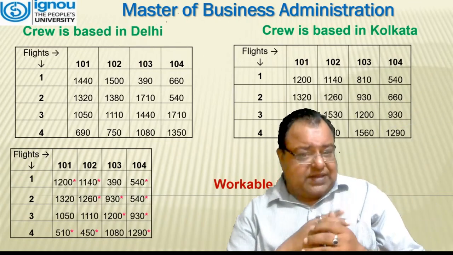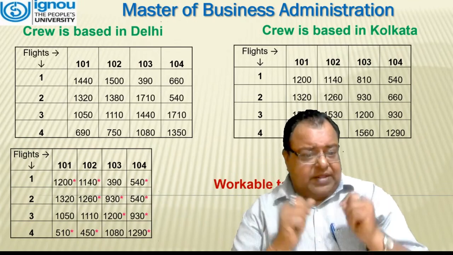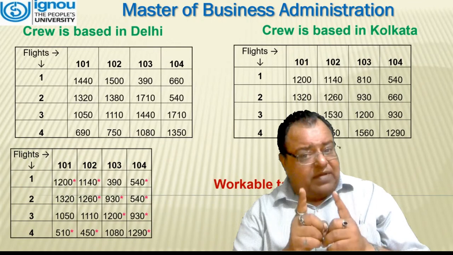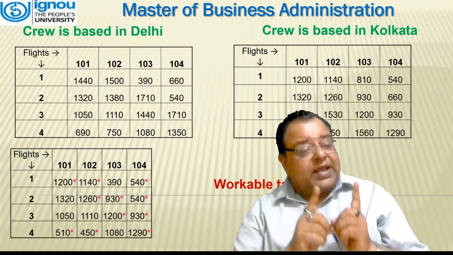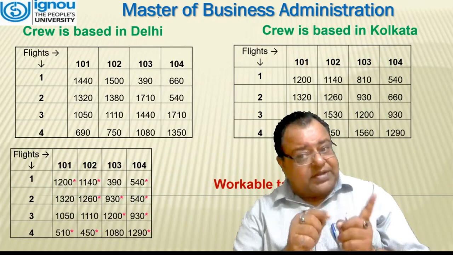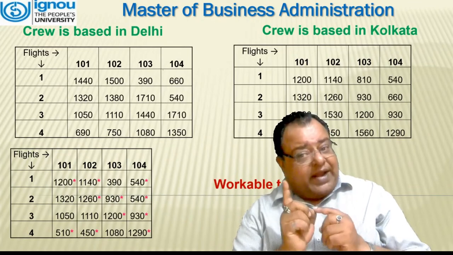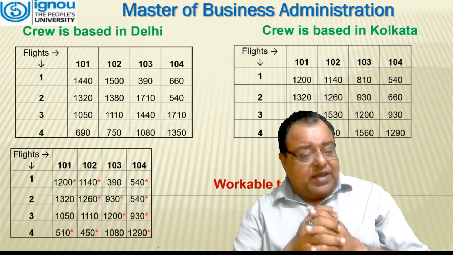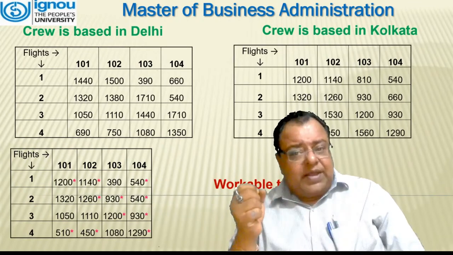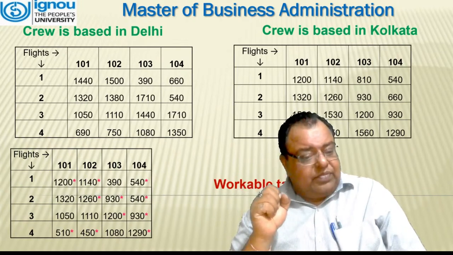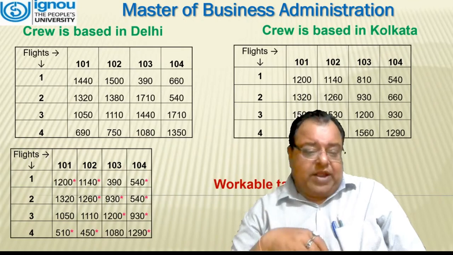We can select comparing these two out of 1440 and 1200, 1200 is the lowest. 1500 and 1140, 1140 is the lowest. 390 and 810, 390 is the lowest. Similarly, you can see over here, the Kolkata based crew has been marked with star. This is the workable table.